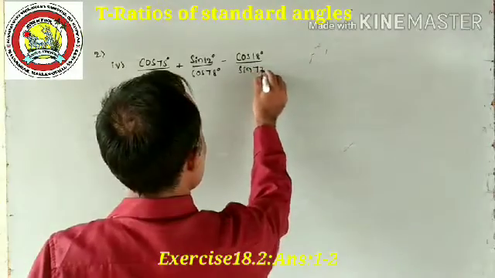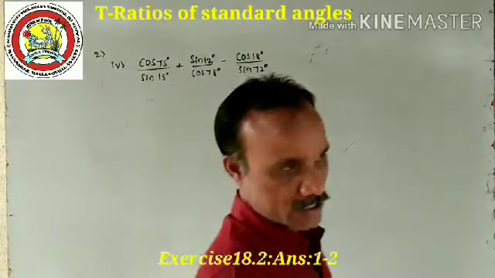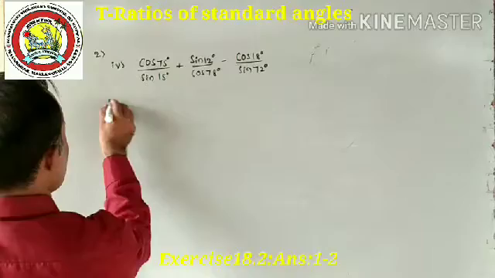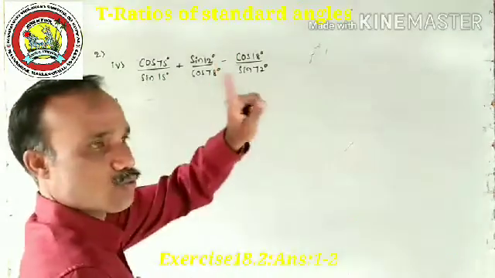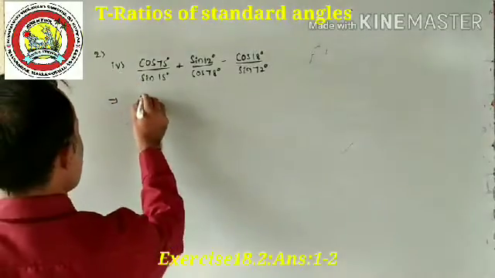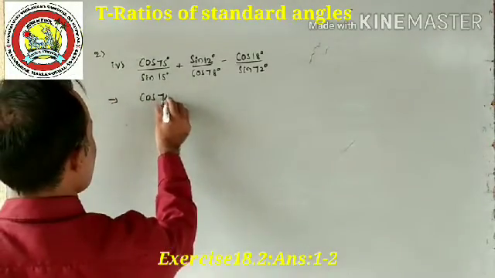Find the value of this one. Yes, very simple. Gets cancelled 1, 1 plus 1, 2, 2 minus 1, 1. Final answer is 1.